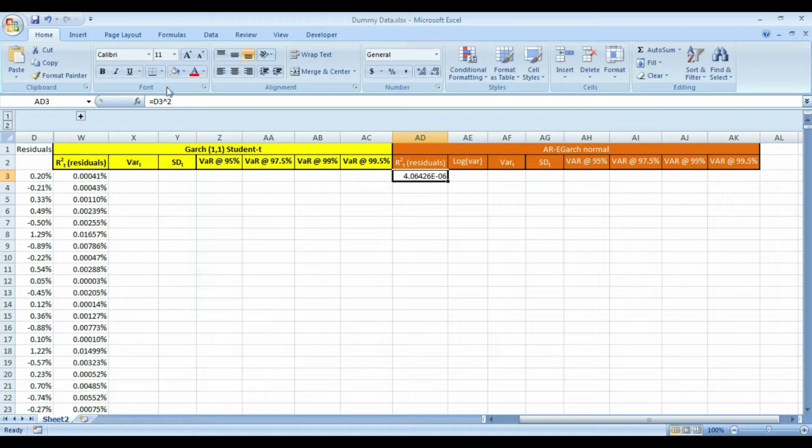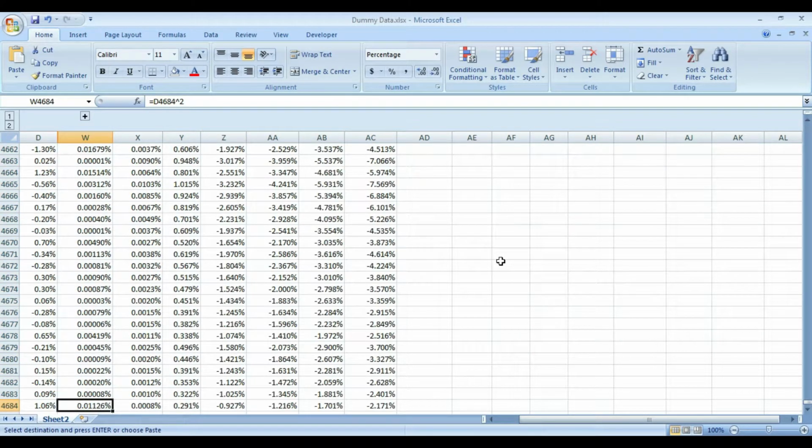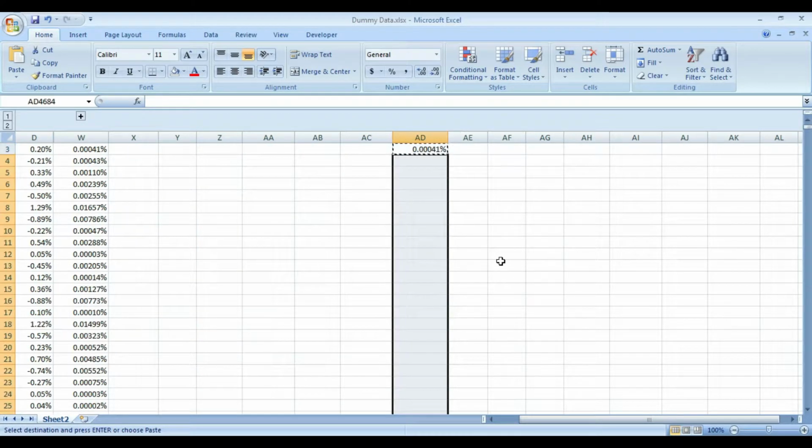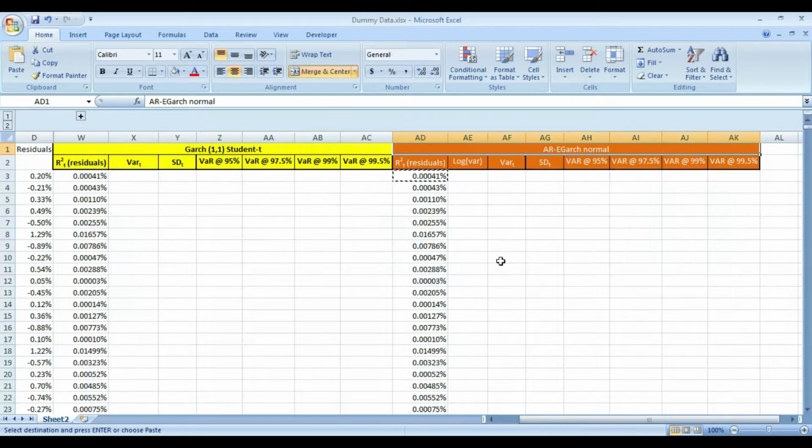So I paste it here, convert it to percentage, and drag this down. There you go.